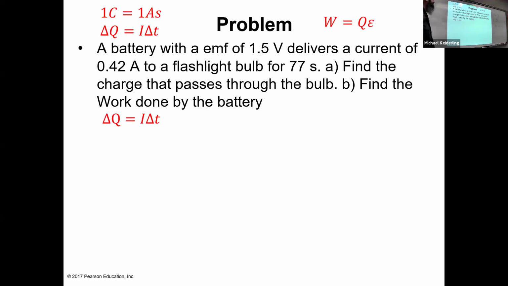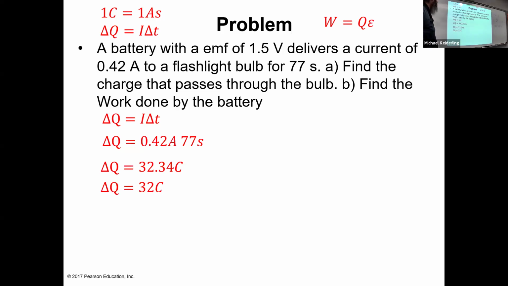First we want to find the charge that passes through the bulb. Because current is delta Q over delta T, delta Q is going to be I times delta T. Our current is 0.42 amps, and our time, delta T, is 77 seconds. The 0.42 amps times 77 seconds gives us a delta Q of 32.34 coulombs, which we would round to 32 coulombs.